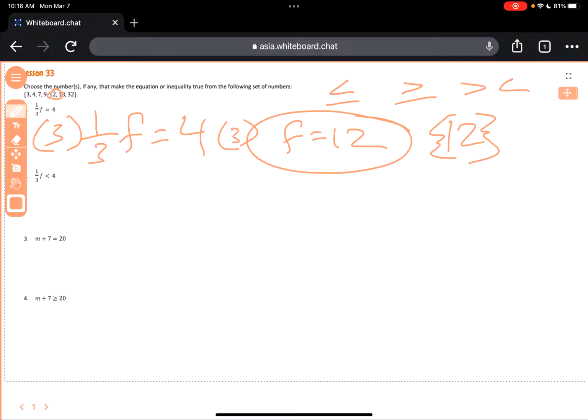The next one is an inequality, and it is 1/3 F is less than 4. We found out what it would be to equal 4, right? But now we want what's less than 4. So what numbers would give you that are less than 4?